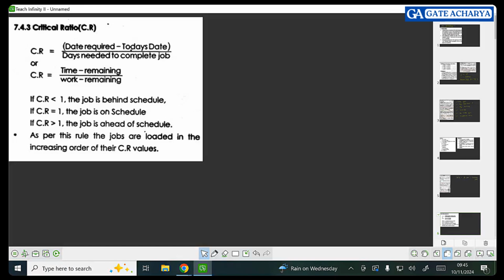So if CR is more than 1, it means early completion, and if CR is less than 1, it means we scheduled for some time but it is not able to meet our schedule. As per the rule, jobs are loaded in increasing order of the critical ratio value. Finished off? Right. Very good.